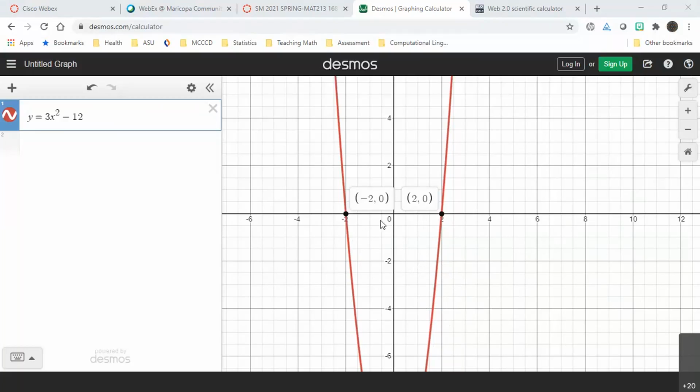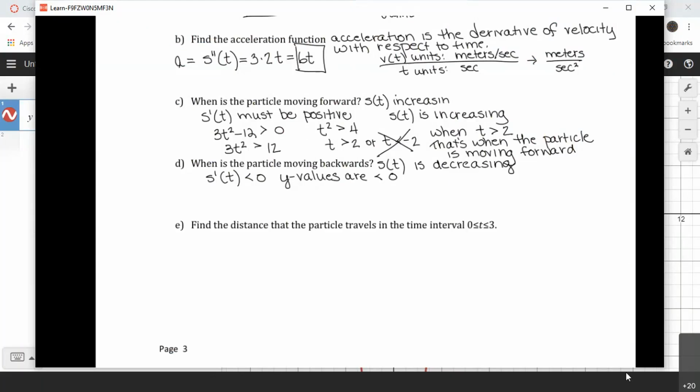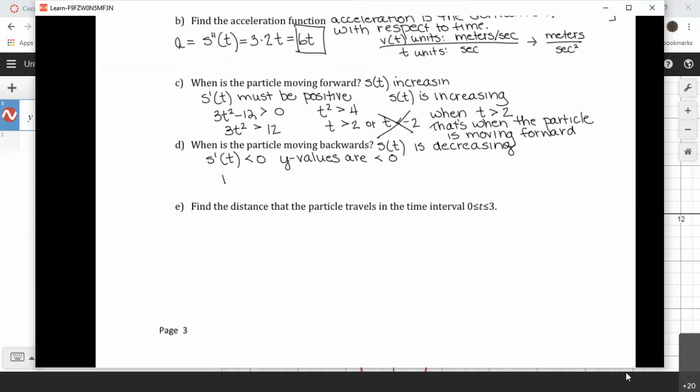The -2 part in time doesn't make a whole lot of sense, because it's before we started measuring, so we're only going to say between 0 and 2. I can do it algebraically: t is less than 2 and greater than 0.